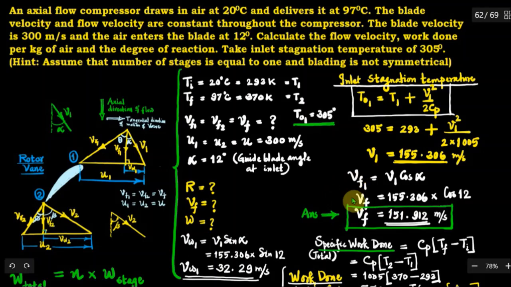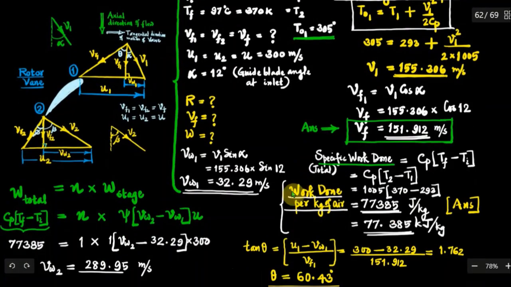So you know that Vf1 is equal to Vf. If you do this calculation, you will get the flow velocity component. So the axial flow velocity component, that is constant throughout from inlet to the outlet of the compressor, that is Vf, is equal to 151.912 meter per second. So that is a part of the answer. Now we will proceed.